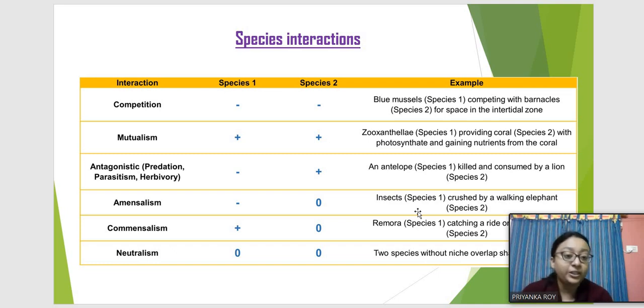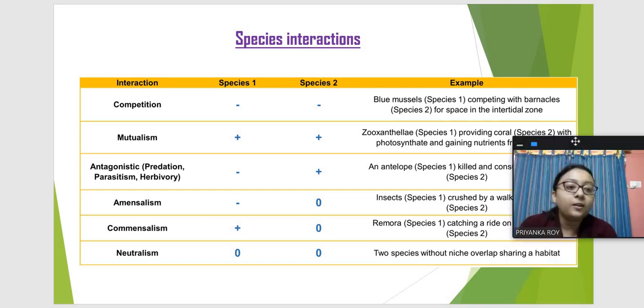The elephant does not care, is not at all bothered, but the insects are dying. So the insects are always in a negative situation, and the elephants are not at all affected by it, and they do not even know whether they are killing the insects or not. So they are always in a neither affected nor benefited situation, that is 0.